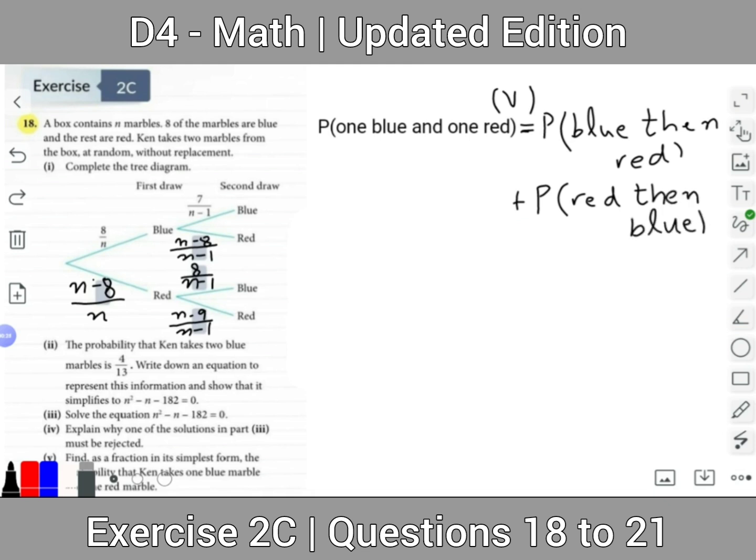Now from the tree diagram, we apply the multiplication law of probabilities.